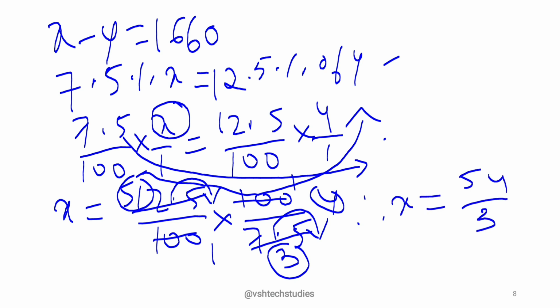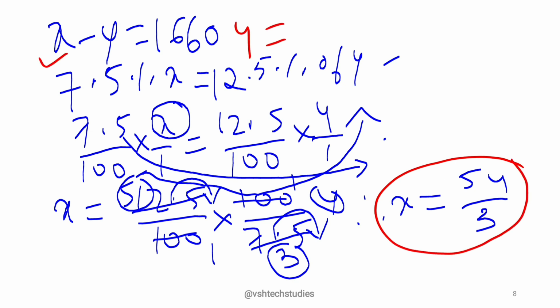Okay. This x equal to 5y by 3 we'll have to substitute here. Then we get what y is equal to, right? And that y again substituted back in this equation, we will get what x is equal to. That is the next part of the solution.